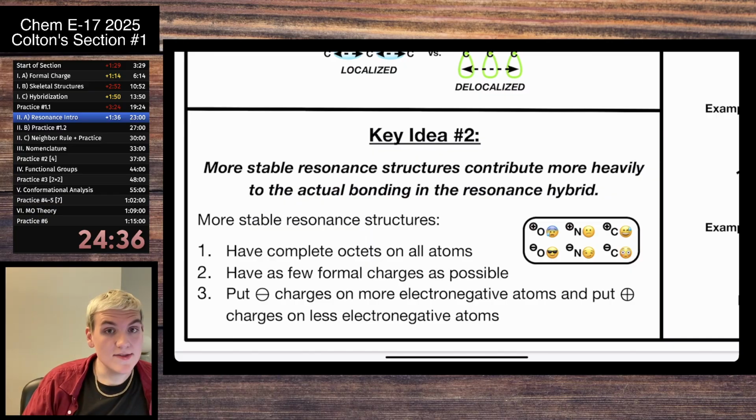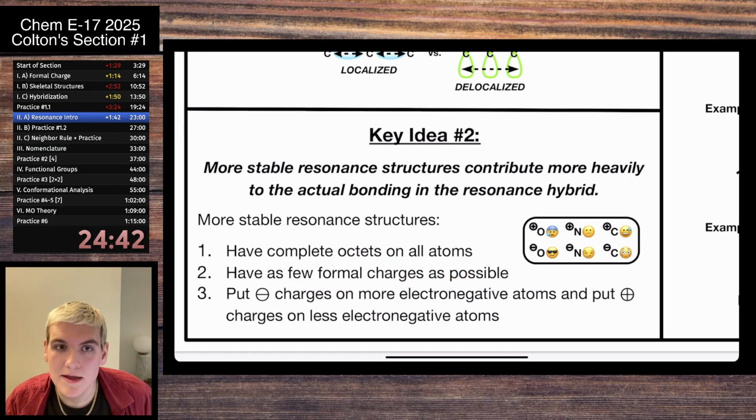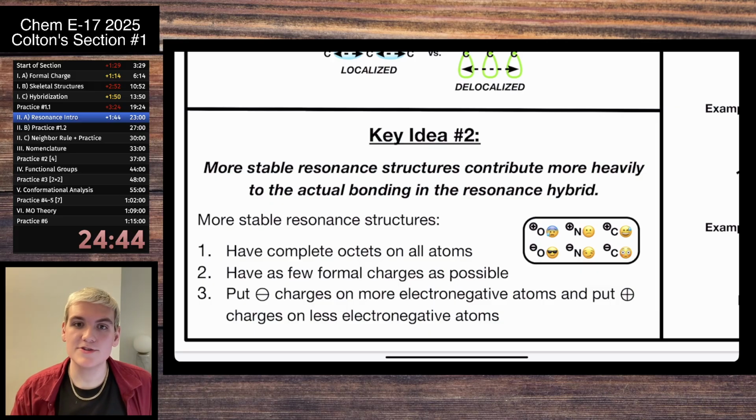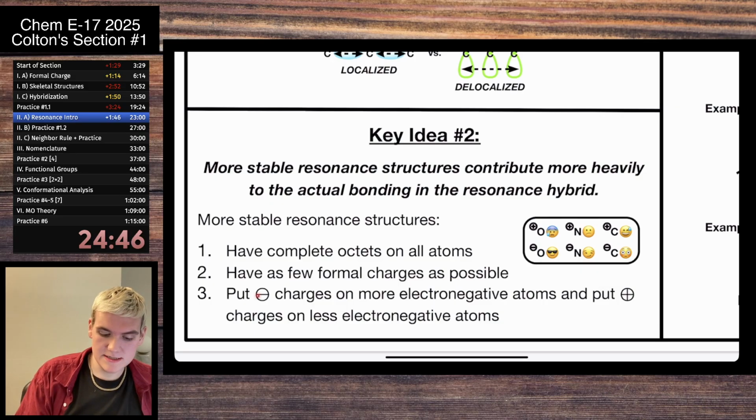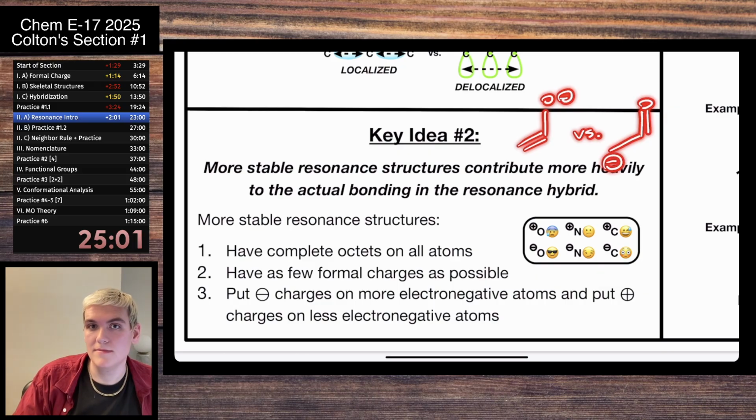Have complete octets, have as few formal charges as possible, and then if you have to have a charge no matter what, put your negative charges on more electronegative atoms, and put your positive charges on less electronegative atoms. So for example, if I had a resonance structure where I had a negative charge on O, versus a structure where I have a negative charge on carbon, who's more electronegative, carbon or oxygen?